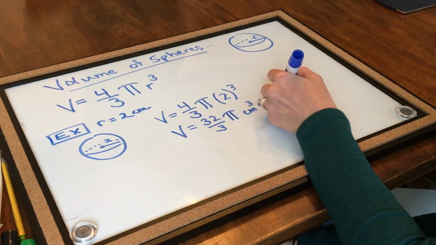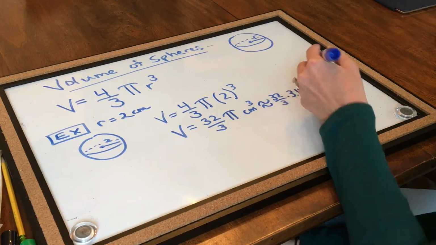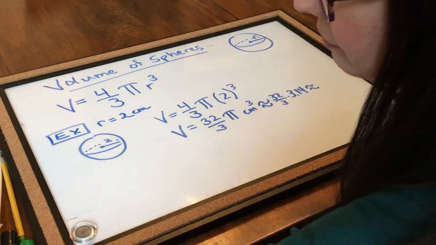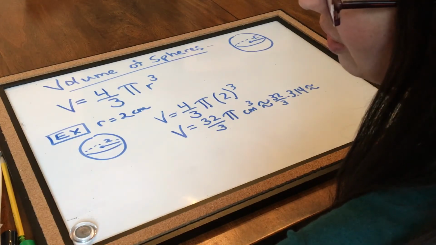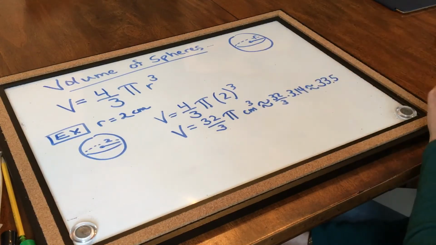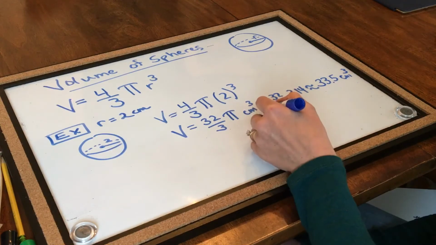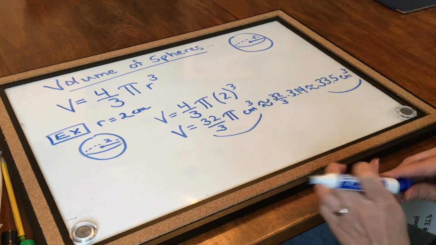I'll take 32/3 times 3.14, and that gives me an approximation for the volume of around 33.5, and again, this is cubic centimeters. Both of these are correct, the exact and the approximate answer.